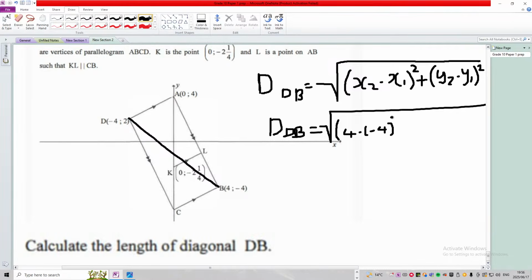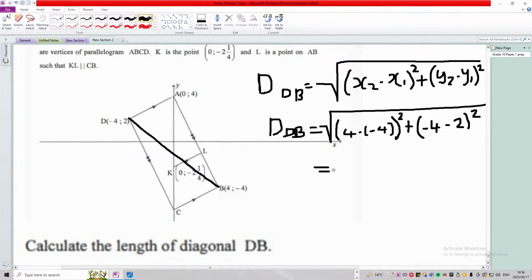Someone will put the square here and put a plus. So we close that bracket again, then we put a square, plus y2 minus y1: -4 minus 2, squared.